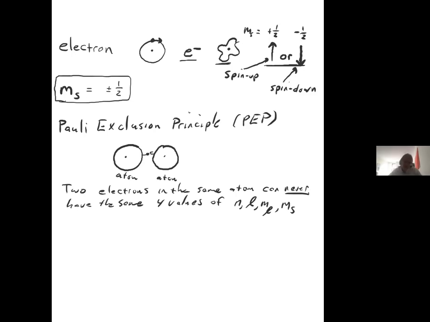It's impossible. The Pauli exclusion principle is something that's just observed. We don't have a reason for why it exists, but it seems to be a very powerful relationship. What that means is that if you have an atom with more than one electron, those electrons have to have at least one different value of their quantum numbers.